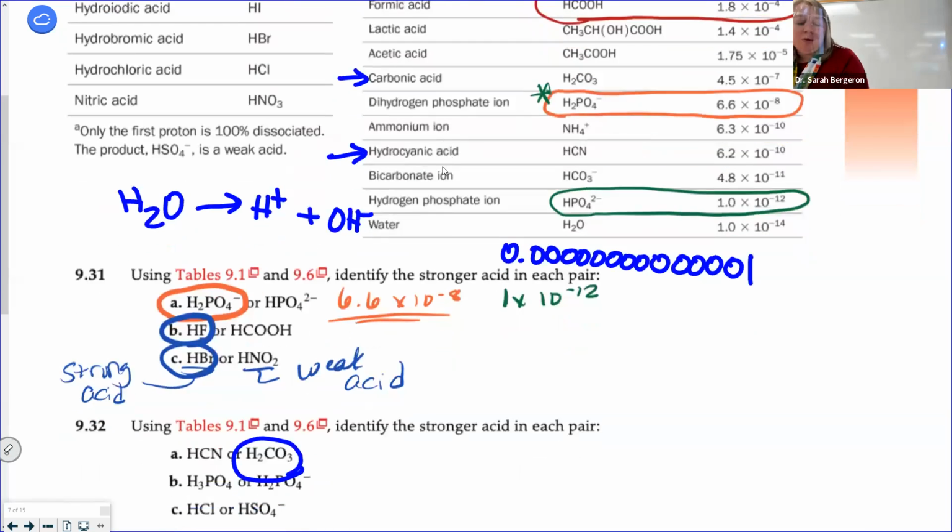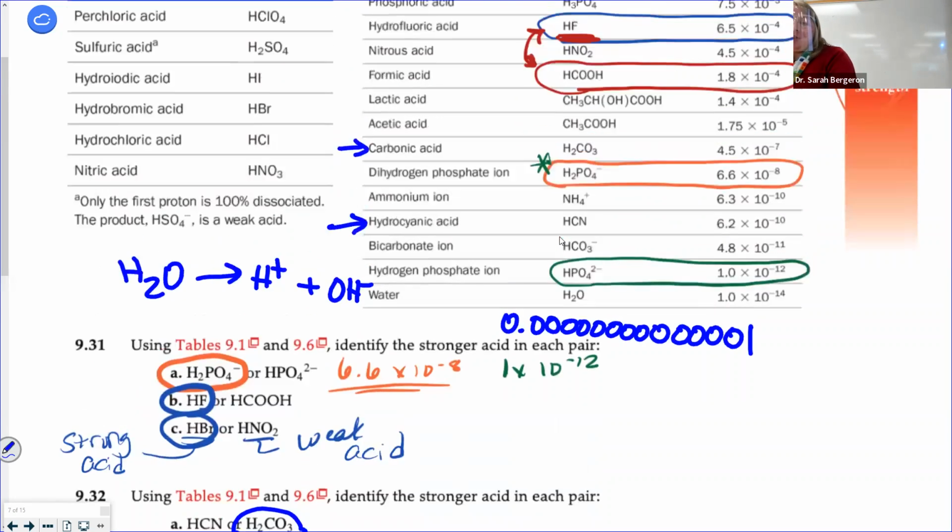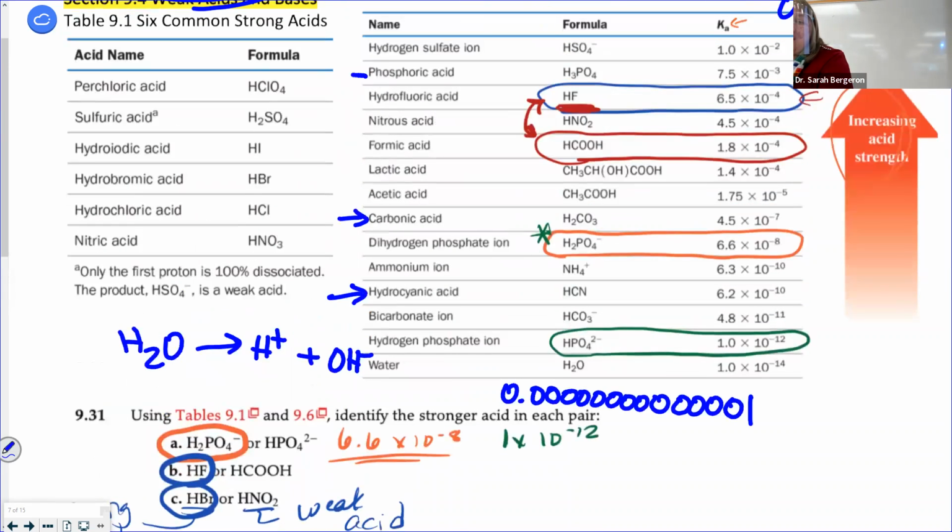Okay, and I wrote over the other answer. Okay. H3PO4 or H2PO4 minus. So H3PO4 is right here. Erase these other arrows. H3PO4, and then we need H2PO4 minus.